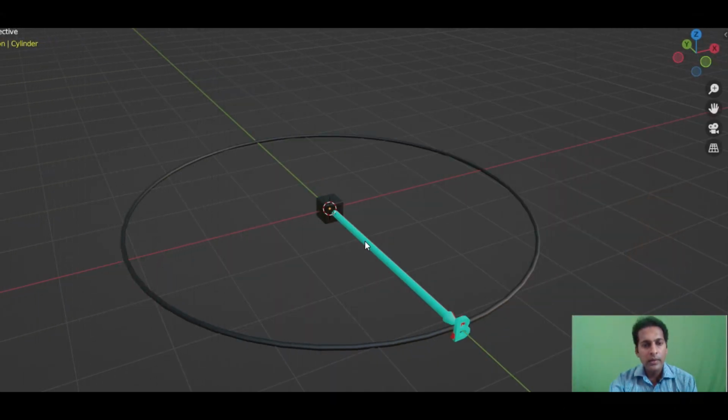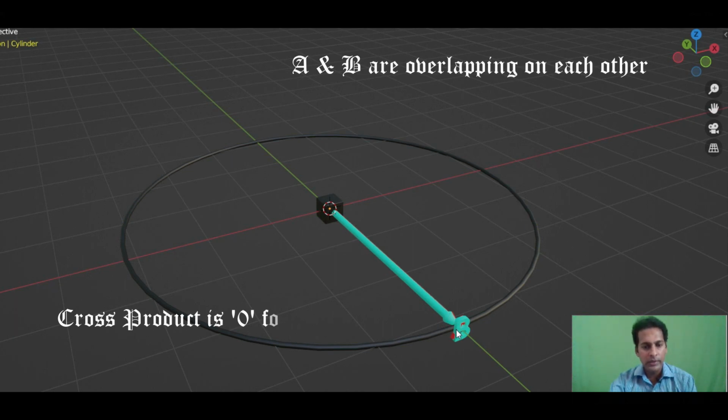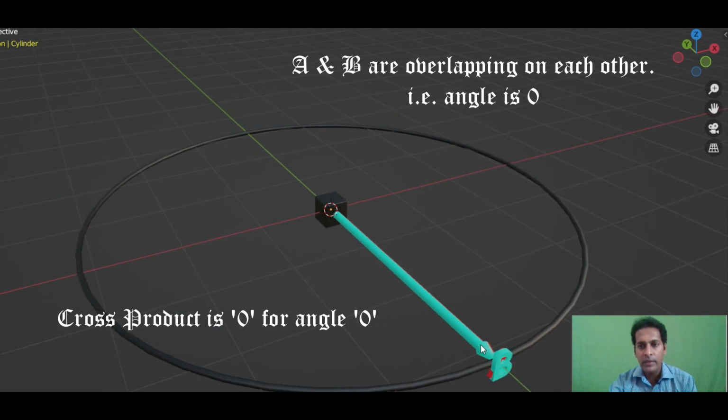Here we can see vectors A and B, both of them are overlapping on each other. That means angle theta is 0 between them. So we cannot find any vector component here. As vector B and vector A change their position, we get the cross product vector of these two vectors.